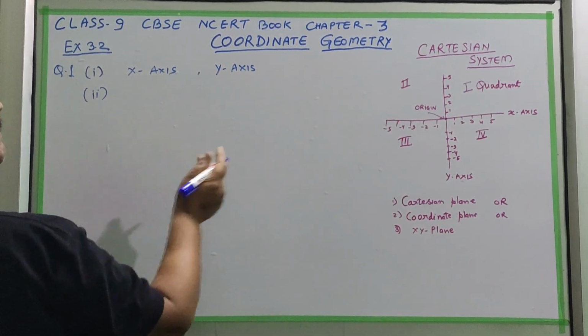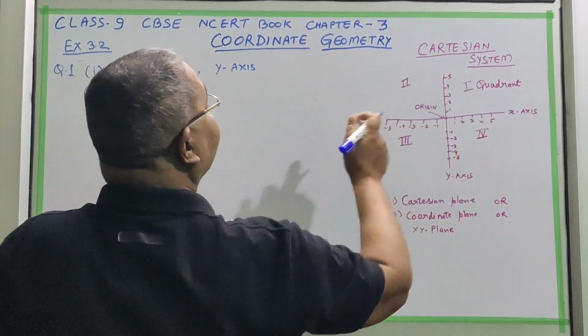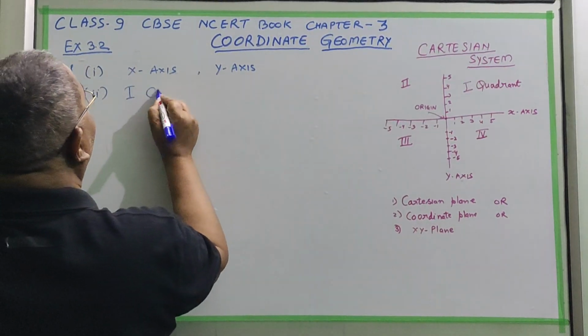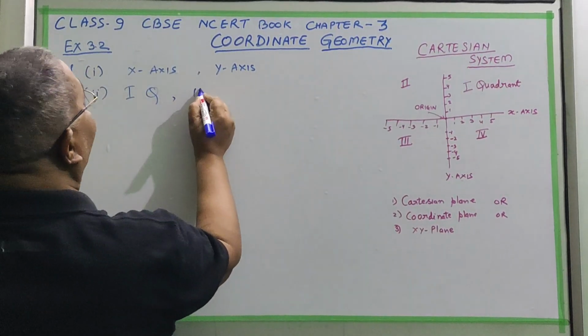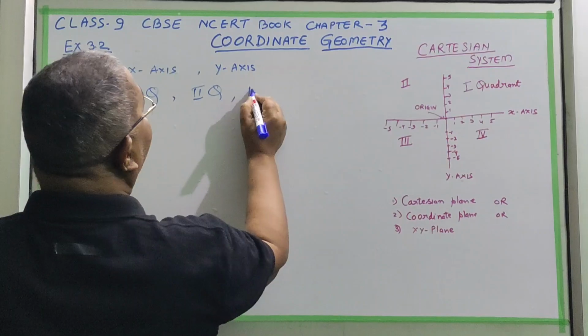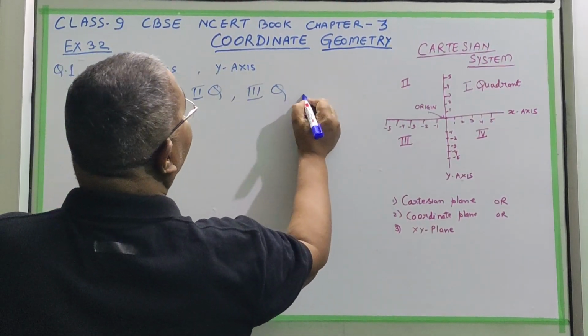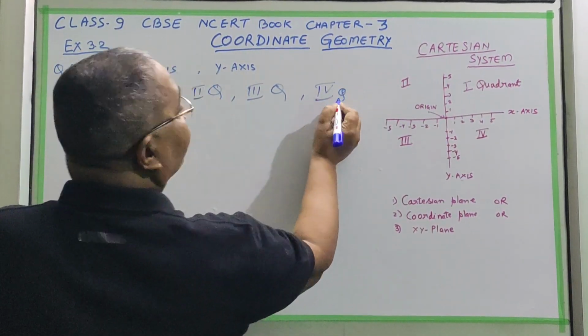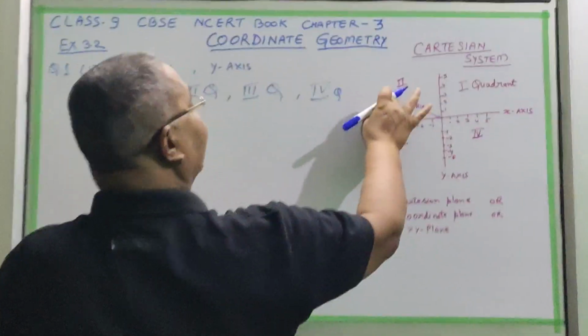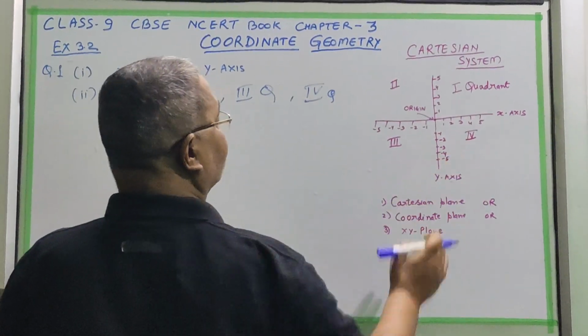Its parts are the first quadrant, second quadrant, third quadrant and fourth quadrant.